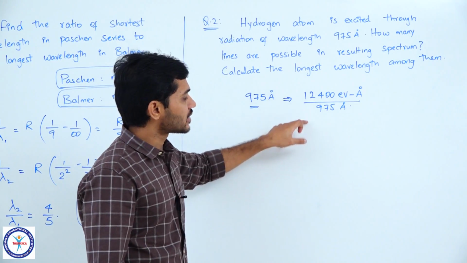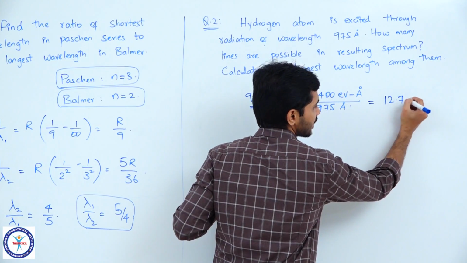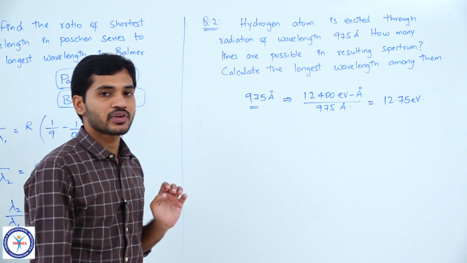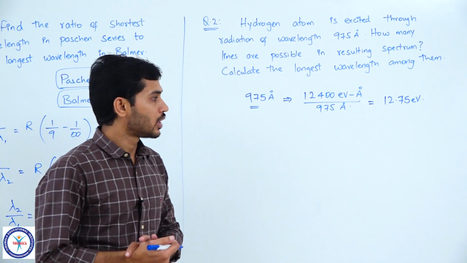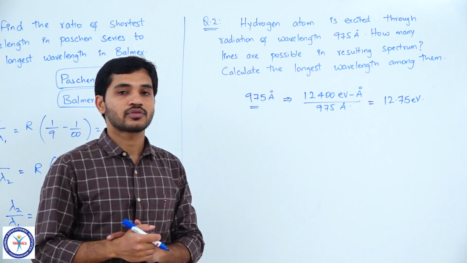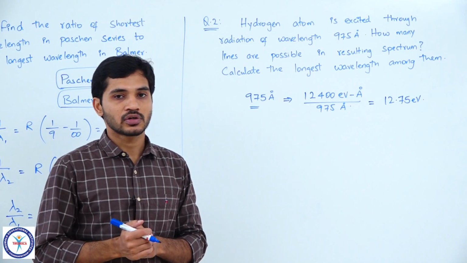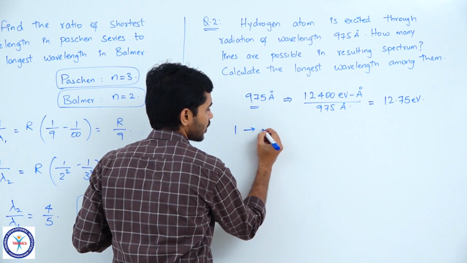Now, when I divide this, the value here comes approximately to be 12.75 electron volts, and you already know which transition it corresponds to. I asked you to remember a few values for all transitions from the ground state, because we will be mostly dealing with the ground state. So, that energy corresponds to transition from 1 to 4.